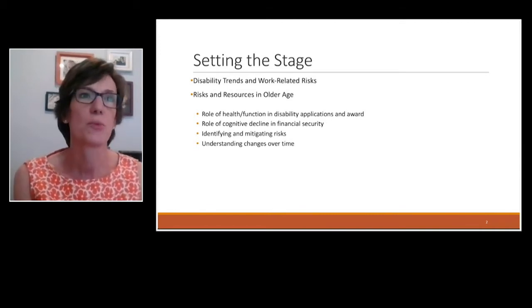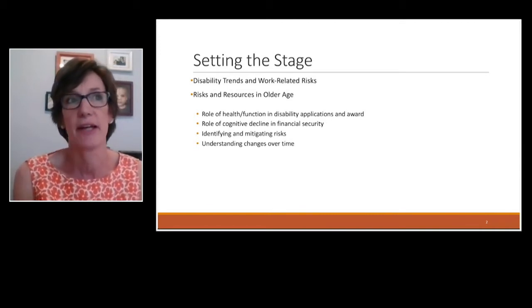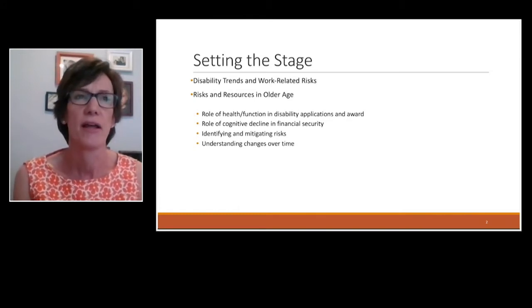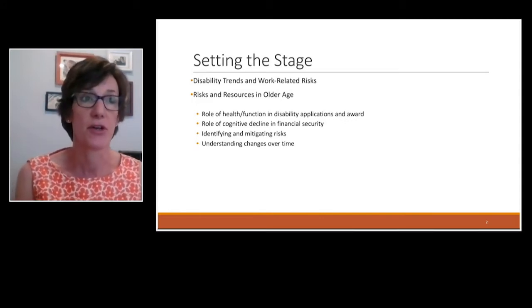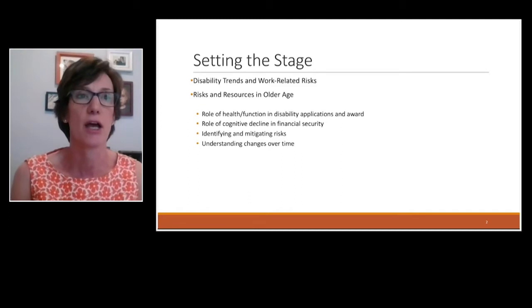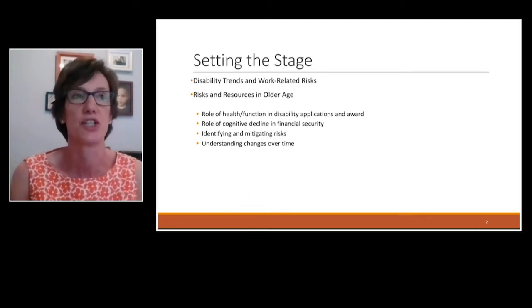At older ages, we're interested in helping people maintain financial security through their retirement years, and understanding what resources people have or what they need, and what those threats are to financial security and how those risks can change over time and how programs and strategies need to change.